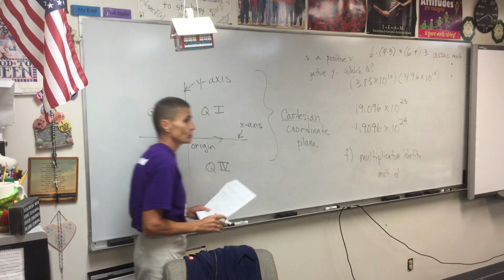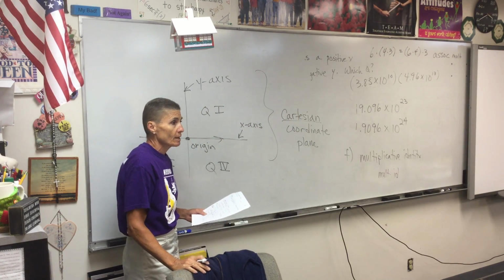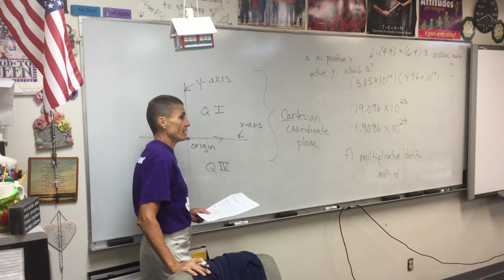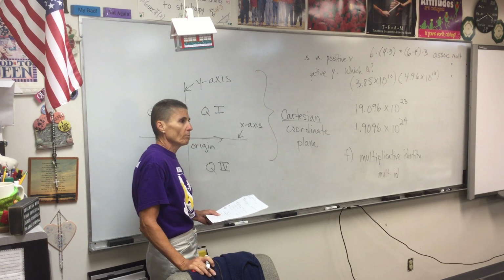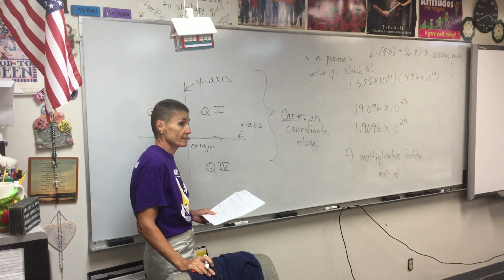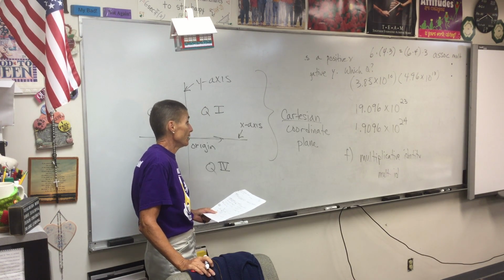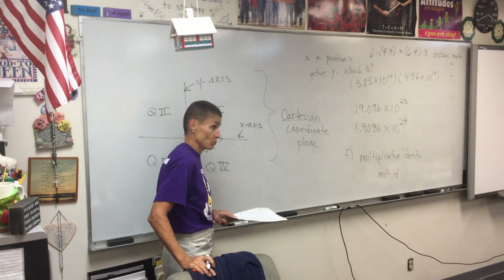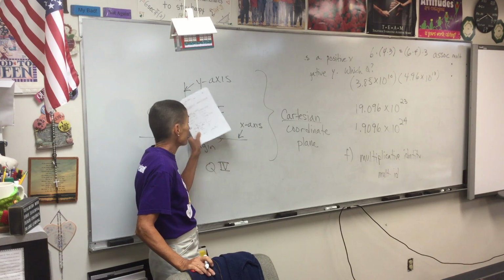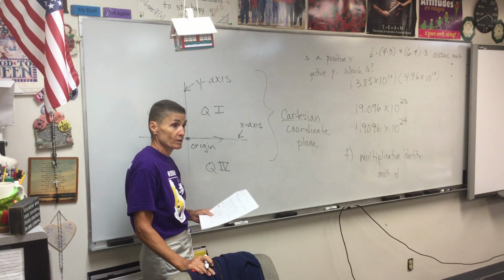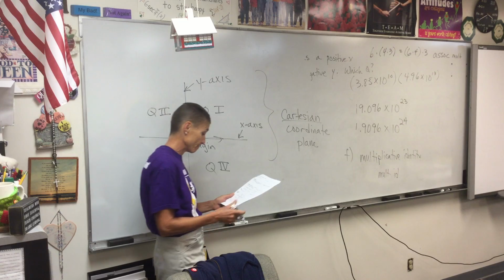The Cartesian coordinate plane. Later on in the year, like January or February, we'll be talking about a different coordinate system. And so we'll want to keep them straight because we'll have a coordinate plane there too. This is the Cartesian coordinate plane. Anytime x and y are involved, you're thinking Descartes, Rene Descartes.